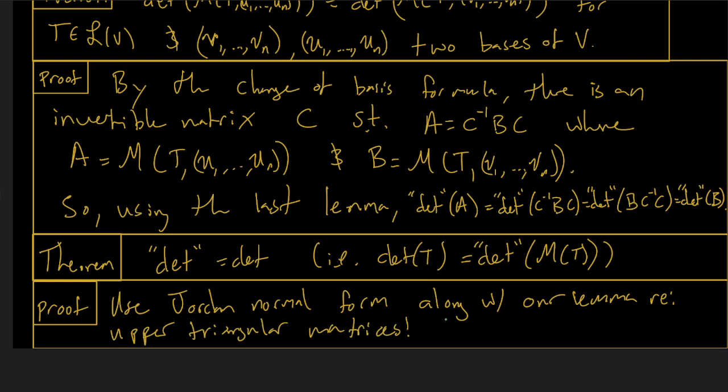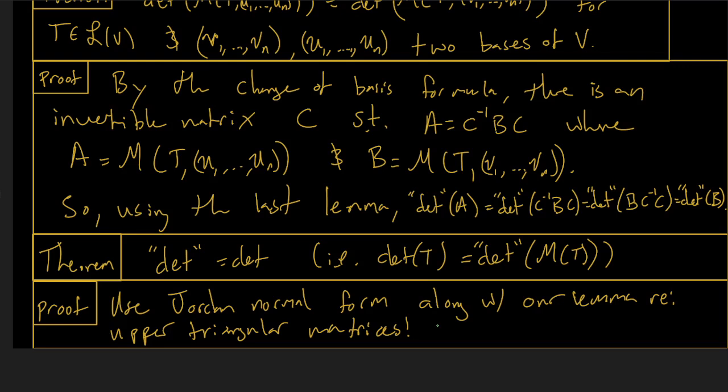That's all. So we know that the Jordan normal form lets us get a block diagonal matrix for T, and those blocks on the diagonal block matrix are themselves upper triangular matrices with, on the diagonal, the eigenvalues of T repeated as many times as their multiplicity.